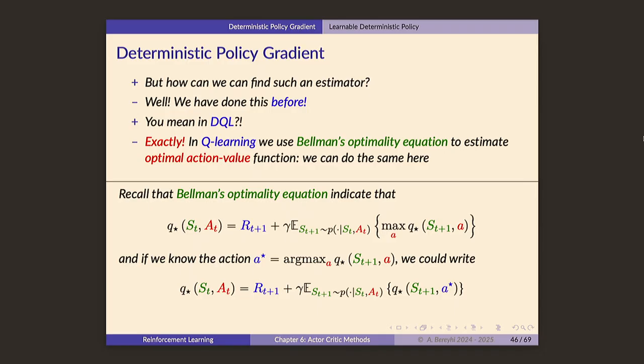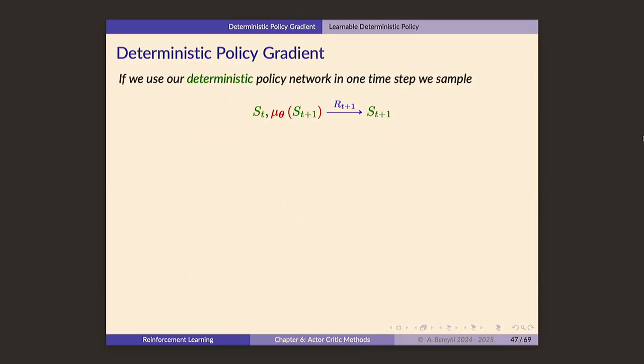Then if you give it to your Q network, which is estimating the optimal Q value, with the next state that you see, together these give you the maximum Q value among all possible actions in the next state. So you have this term, you have your immediate reward, and you have a sample to use for training your Q network. Did you get the idea? If not, no problem. We're going to do it right now.